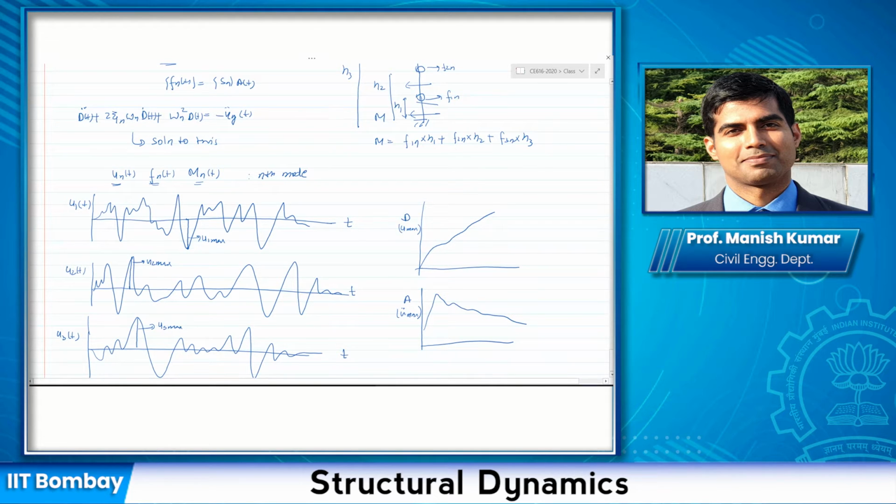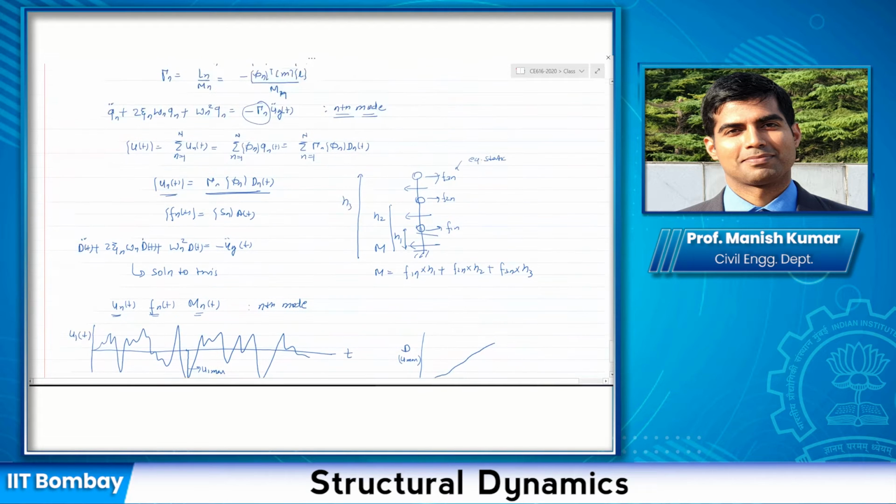So, why do we do the response spectra analysis? Do you remember? We do response spectra analysis so that I don't have to solve the equation of motion every time and find out the response. For example, if I do the response spectra, or as a matter of fact, any other force, I do not actually solve this equation, is it?